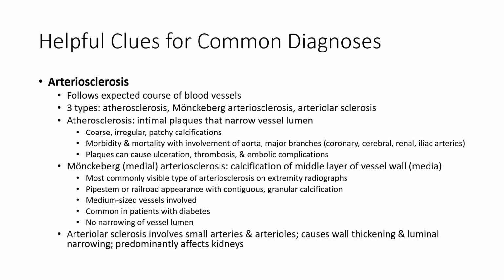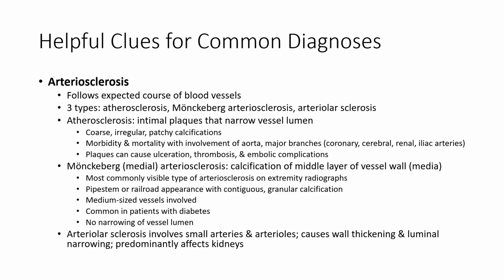There are two types, intimal atherosclerosis and Monckeberg atherosclerosis. Intimal atherosclerosis causes intimal plaques that narrow the vessel lumen and cause irregular patchy calcification, with involvement of the aorta and major branches, including coronary, cerebral, renal, and iliac arteries. Plaque can cause ulceration, thrombosis, and embolic complications.